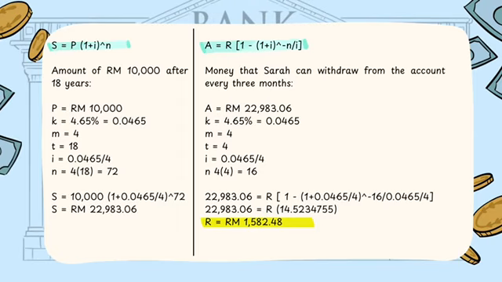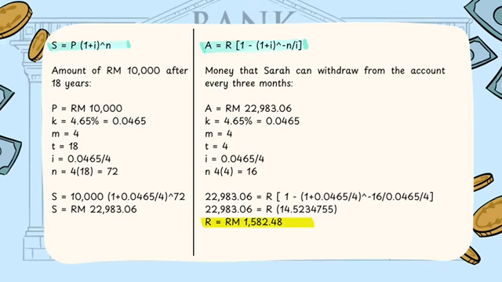The future value of the investment is S equals 10,000 times (1 plus 0.0465 divided by 4) to the power of 72, and you will get 22,983 ringgit 6 cents.